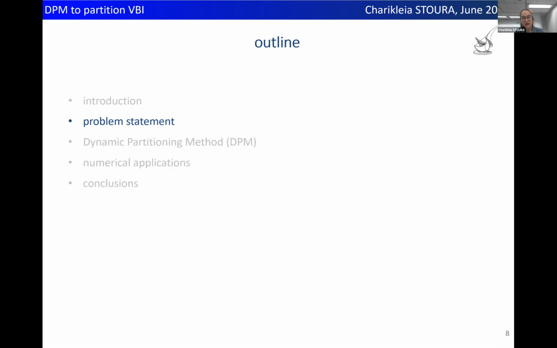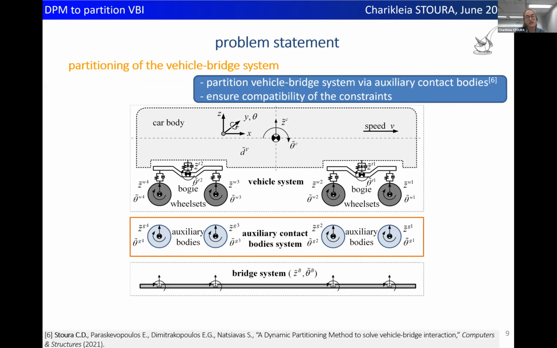First, we partition the coupled vehicle bridge interaction system, and then we apply dynamic Lagrange multipliers, similarly to the approach that I just presented. So more specifically, to partition the vehicle bridge interaction system, we introduce a system of auxiliary contact bodies. These auxiliary contact bodies separate the vehicle and bridge subsystems.